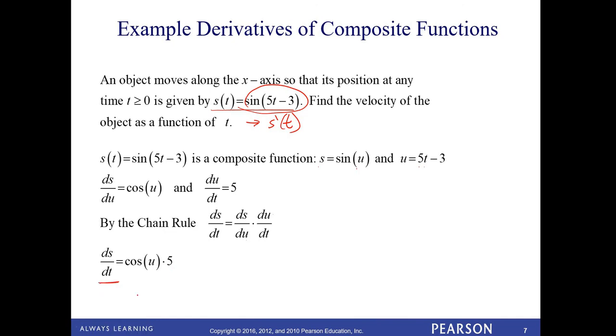So that's ds dt, but remember, I want to put this back in terms of t, so I'm just going to substitute my original breakdown. u was 5t minus 3. I'm going to substitute that back into my composite. So that's using the Leibniz notation.